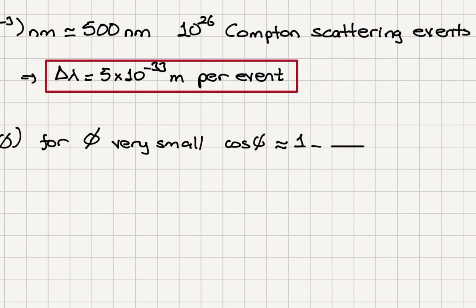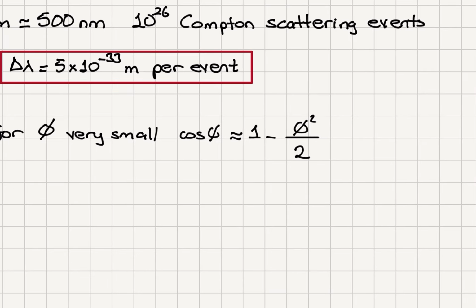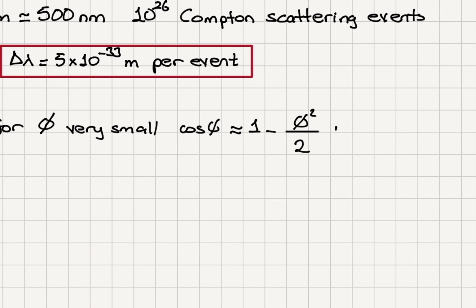This is the Taylor series expansion around phi equal to 0. And here I want to note that the rest mass of an electron is 9.11 times 10^-31 kilograms. And for the speed of light, we're using 3 times 10^8 meters per second inside the Sun.